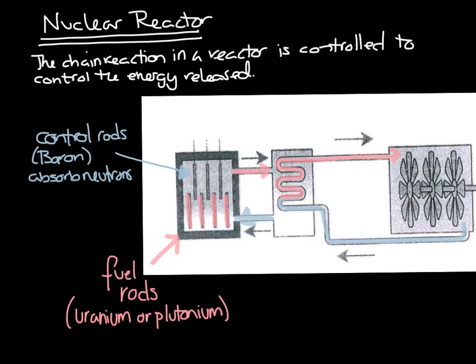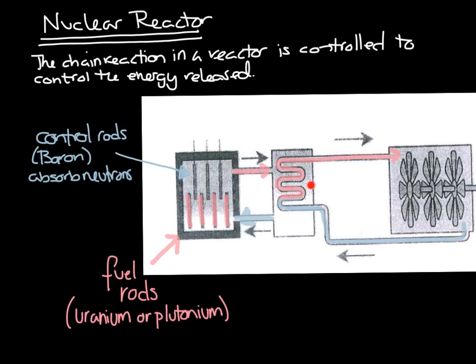And you can see that the energy released from the fission here in the fuel rods then heats up this liquid or gas, and it travels out of this pipe where the heat is exchanged to this separate water system here, and then this liquid or gas has got cooler and then goes back in, and then this steam, once it's gone over the turbines, will cool and go back round.